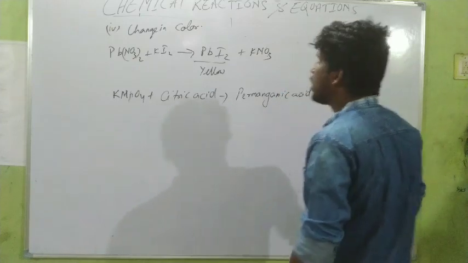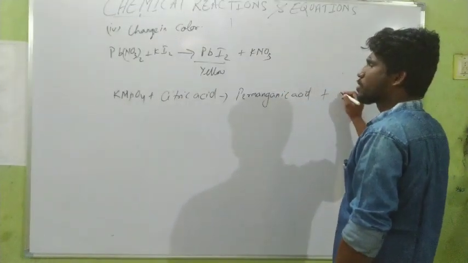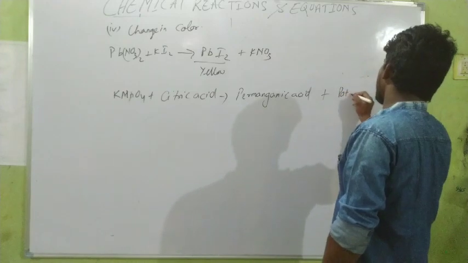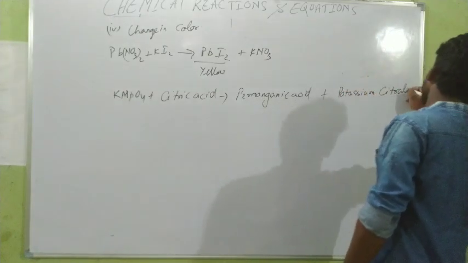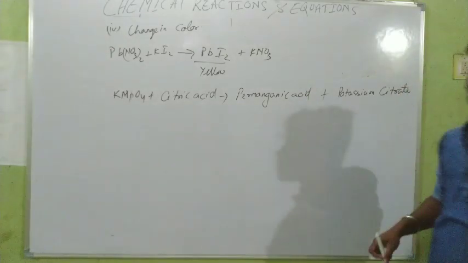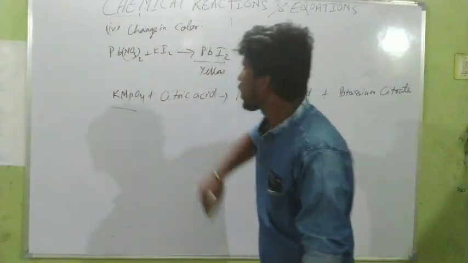Permanganic acid plus potassium citrate. So in this reaction, first the potassium permanganate, I will give you the equation.